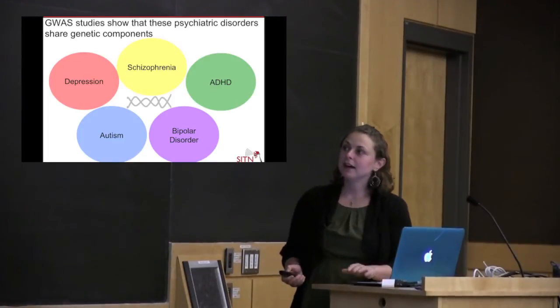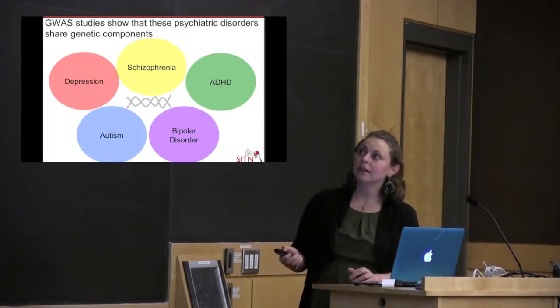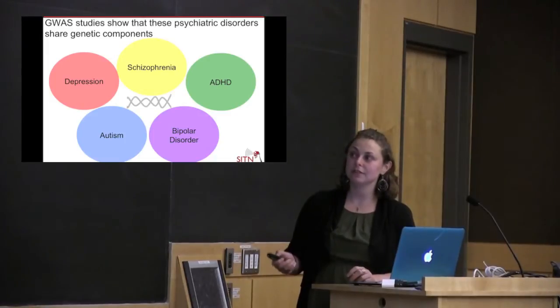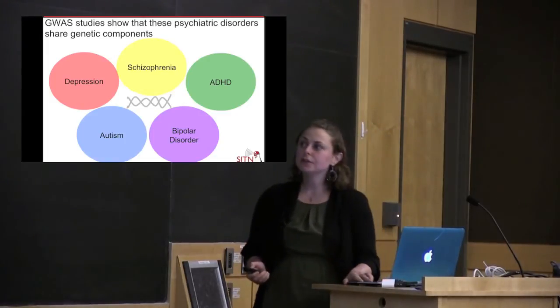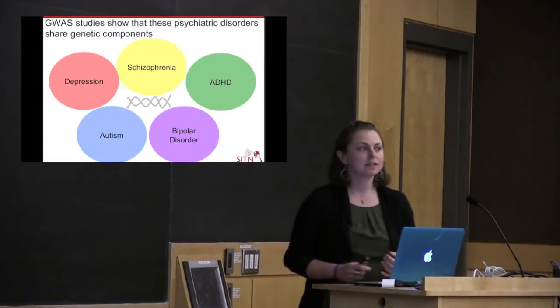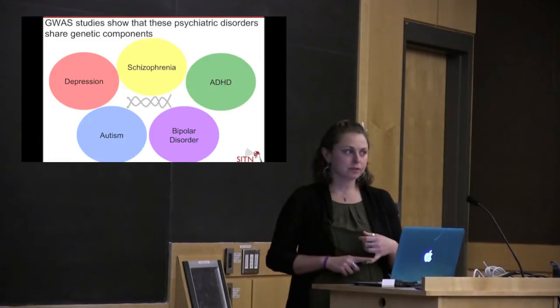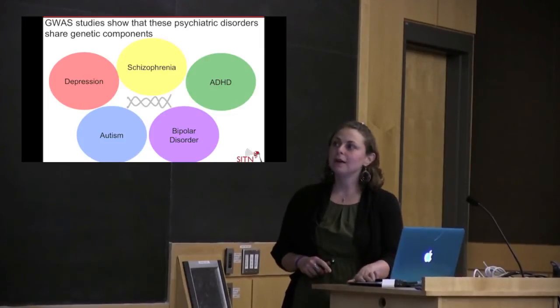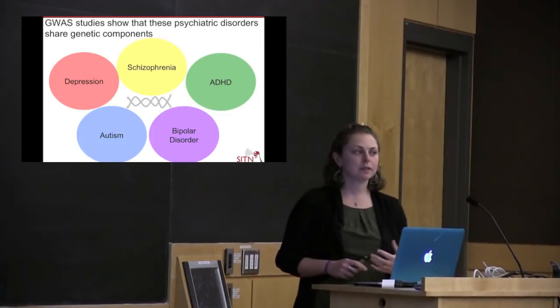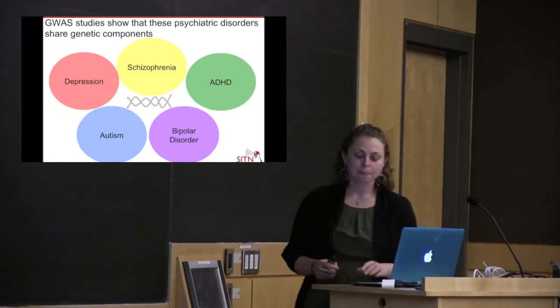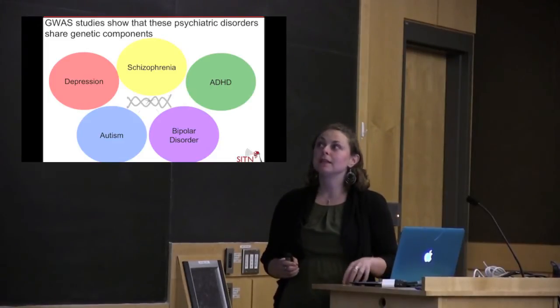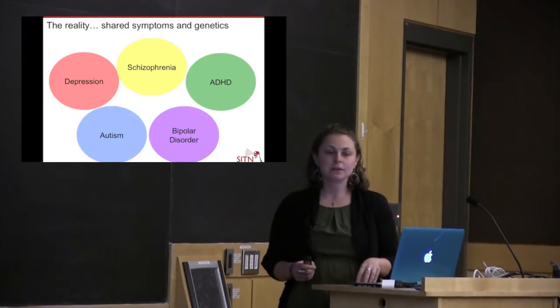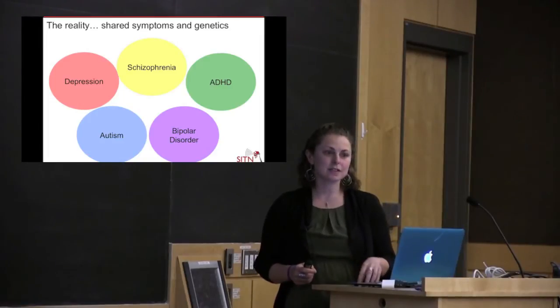And what they found, in fact, is that there are some common genetic components to these 5 major disorders. So the reality of the situation is that there seem to be shared symptoms across psychiatric disorders and shared genetic components. And so perhaps these disorders are more similar than we had at first thought. And maybe a symptom-based system for diagnosing psychiatric disorders just isn't the best approach.